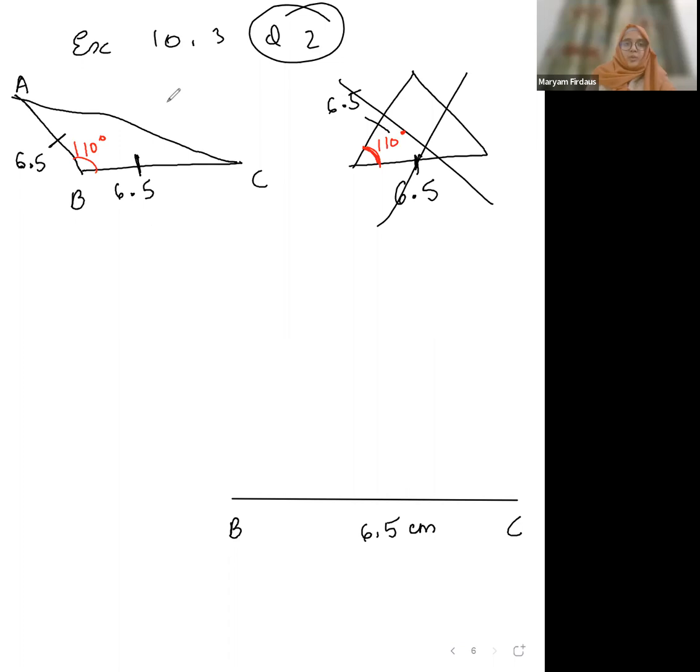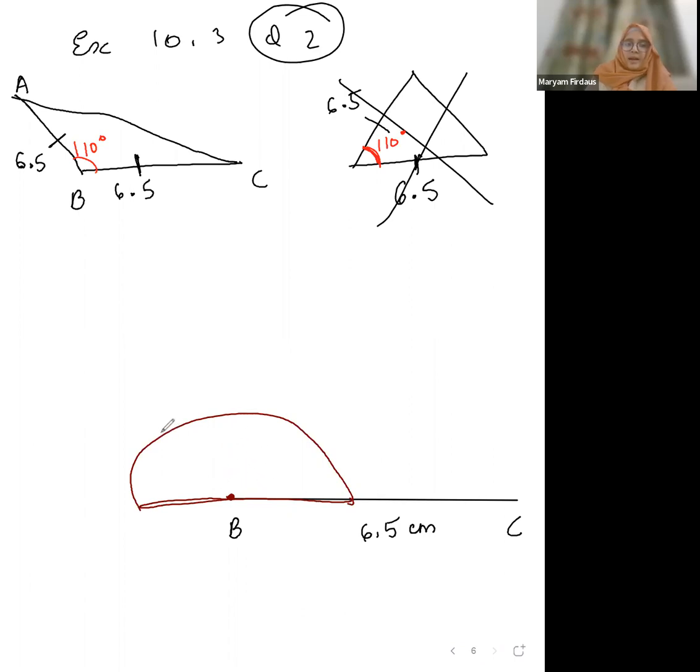So now bring out your protractor. It's going to be over here like this. I've drawn it a little bit weirdly. ठीक है? उसका जो center होना चाहिए should be exactly at B, at the point B.